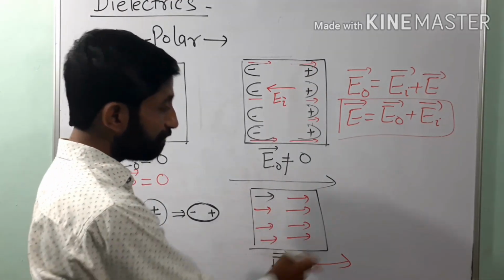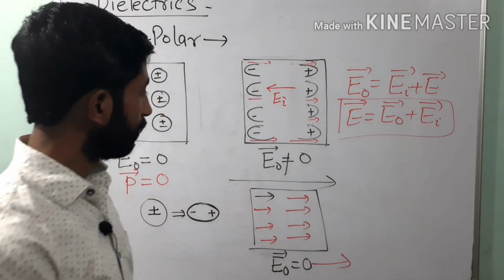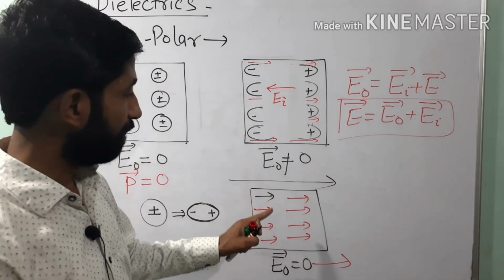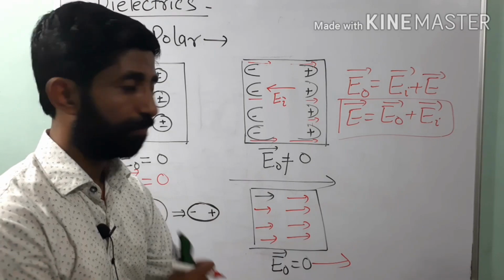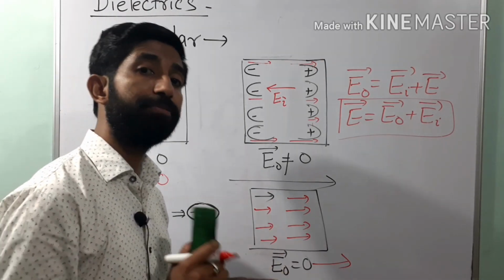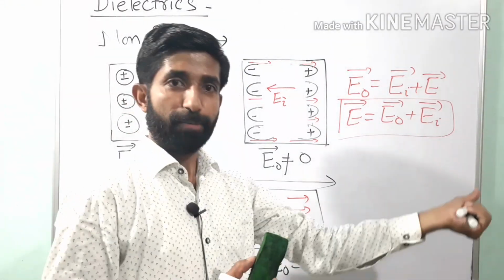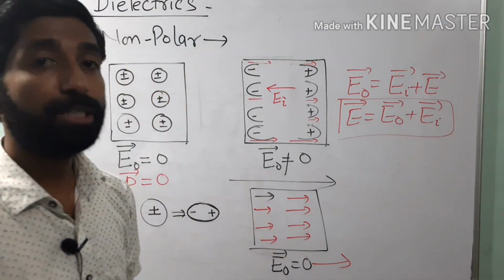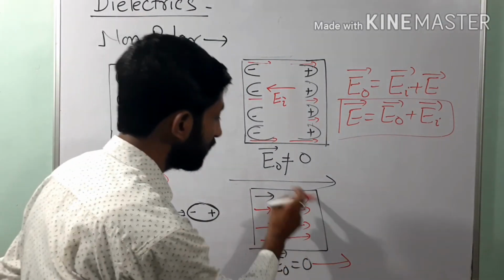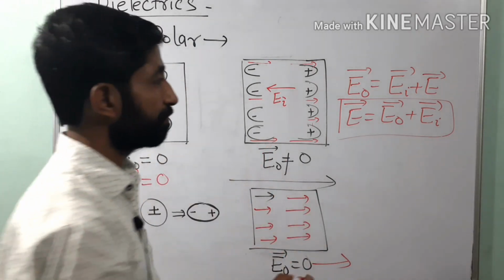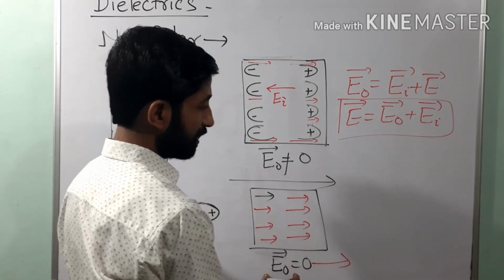So inside the material, all the molecules become single dipoles, and then by the effect of the field, these dipoles get oriented in the direction of the field and finally produce a net electric field inside the piece, which is less than the external electric field.